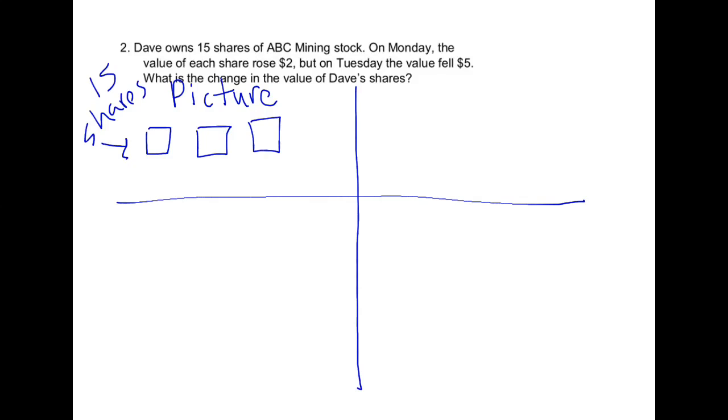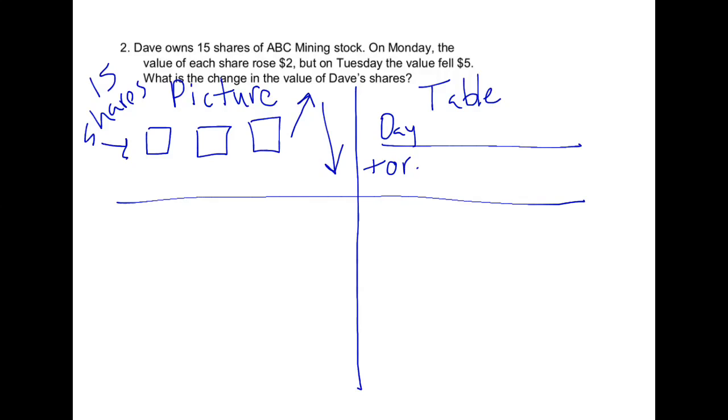and the stock looks like it's rising, but then it's also dropping. So I'm going to draw a table to show this. I'm going to put day and positive or a negative.